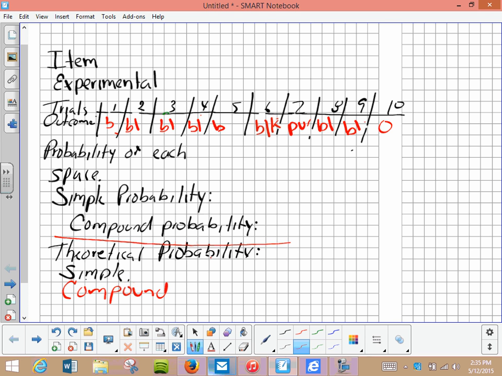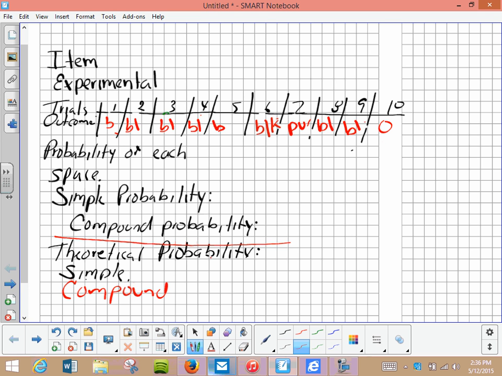All right. So based on this information, what is the probability of getting black? Well, I'm only asking for one, right? So that's by definition simple. How many blacks do we have? You're basing it off of this, right? We're talking about experimental.